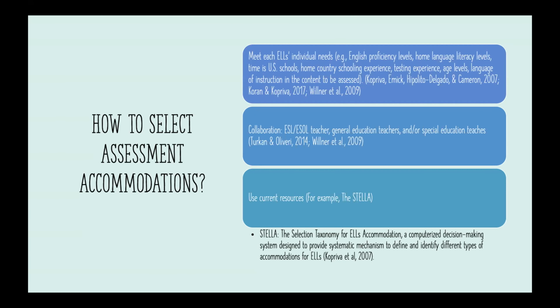Basically, when we select the accommodation, because we work with our students, we know our English language learners much better. So we need to consider a few key principles when we select accommodations for English language learners. The first one is definitely to meet English language learners' individual needs, because they are really diverse in terms of their experiences, home language, and English language proficiency.